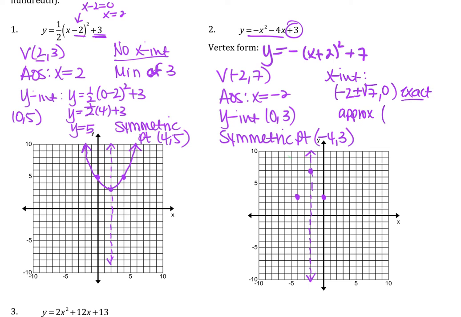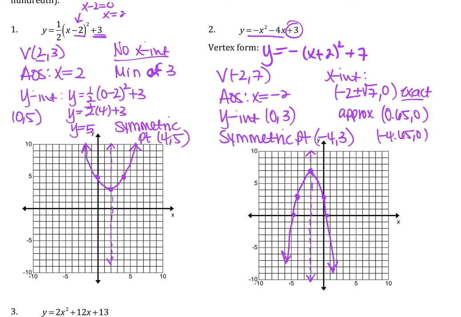So -2 plus √7 gives me, we'll round to the hundredth spot, 0.650. And so -2 minus √7 gives me -4.650. So I'll graph here, and -4.65 would be about here. And there's my parabola.